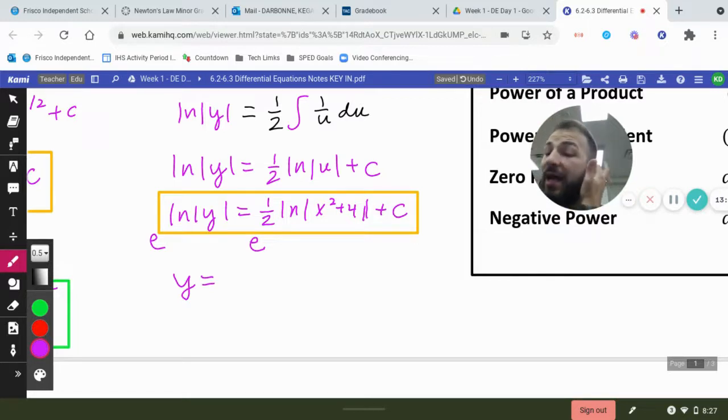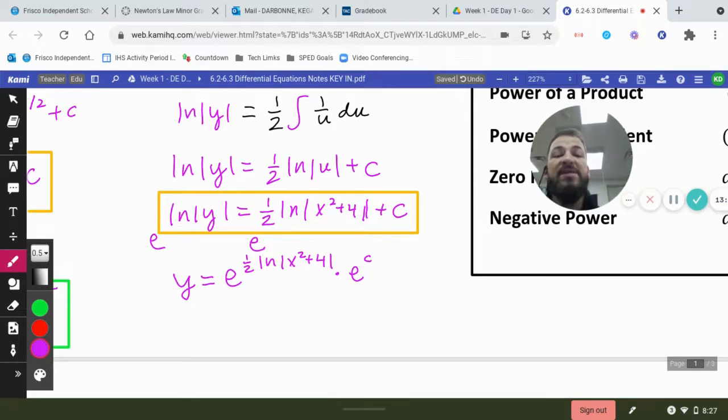On the right side, I have e to the 1/2 natural log of x squared plus 4 plus c. So I can separate that into e to the 1/2 natural log of x squared plus 4 times e to the c.